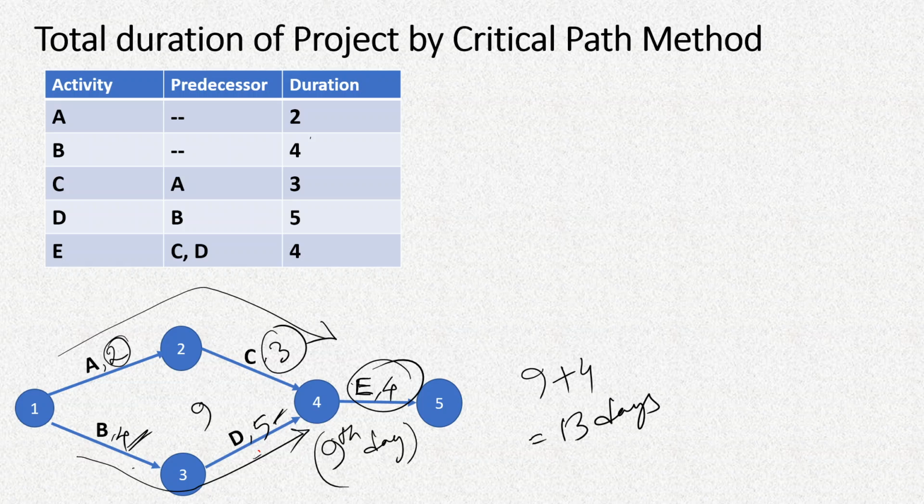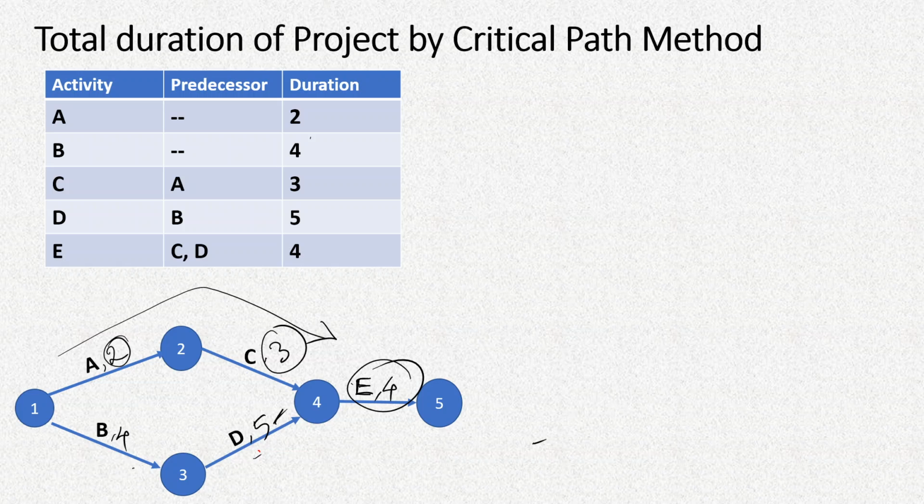Now here we can see that the different activities can be started and completed on different days. So activity A can start on day number 0, and it can be completed on day number 2.